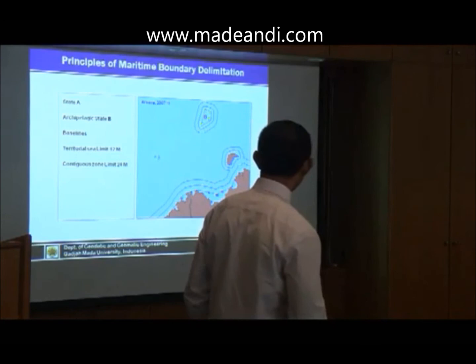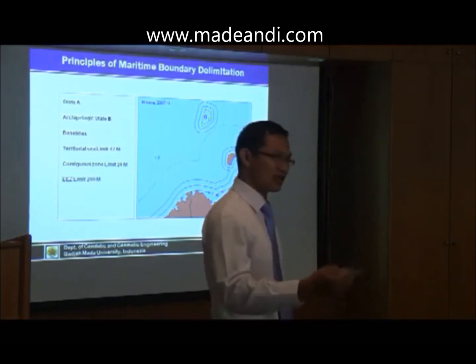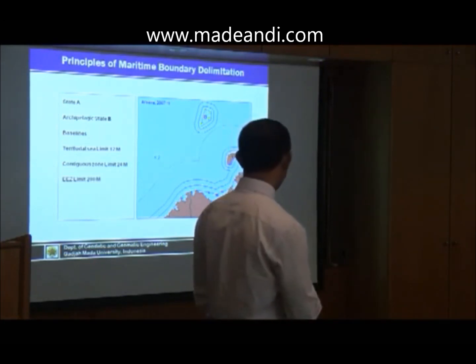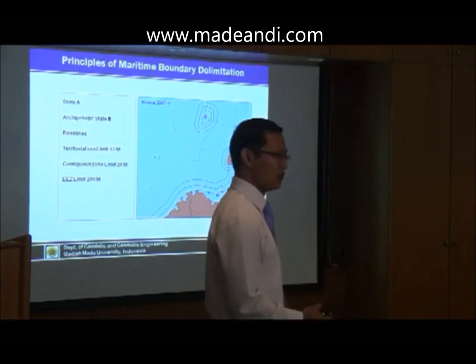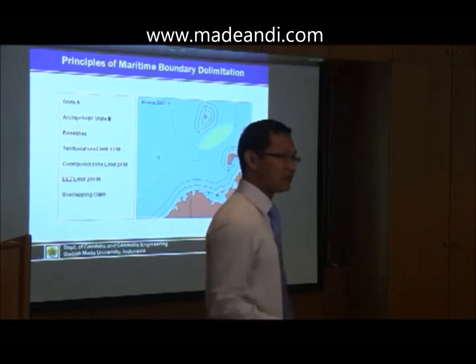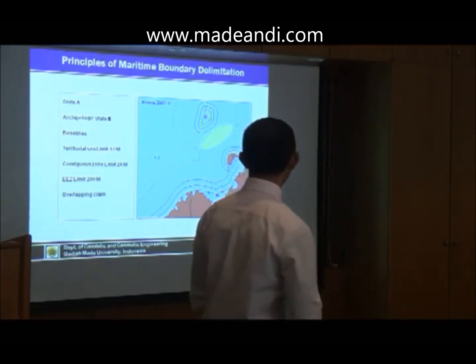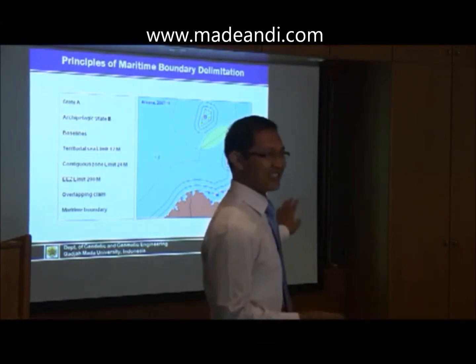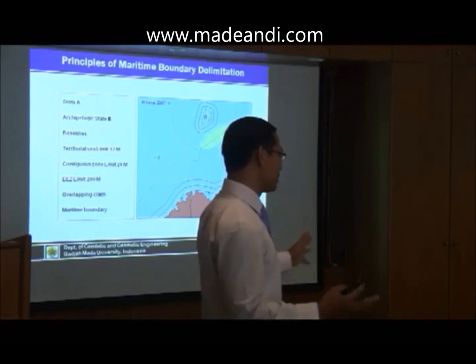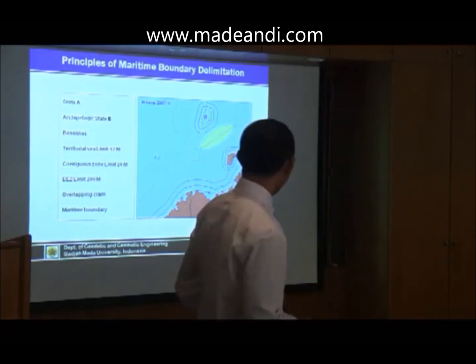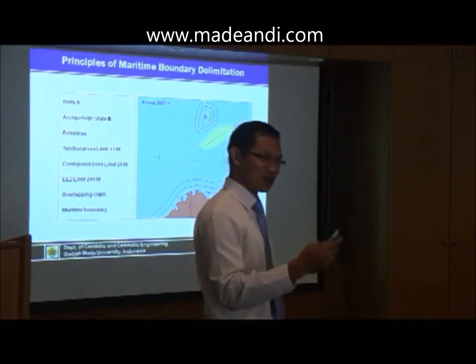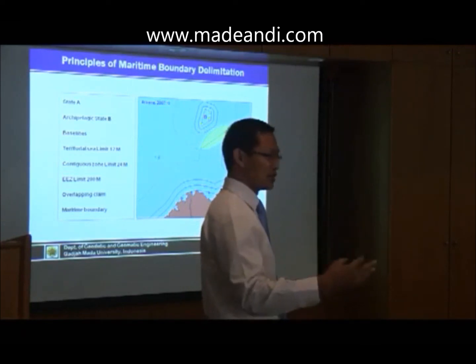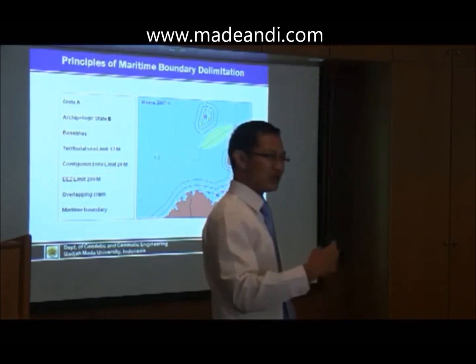But as soon as country A claims an EEZ, which is 200 nautical miles, and country B is also entitled to it, there will be an overlapping claim, right? And then this is where maritime boundaries are required. And of course it is not that easy. If it were this easy, I wouldn't be here. So this is basically what happens and how two countries need to delimit their maritime boundaries.